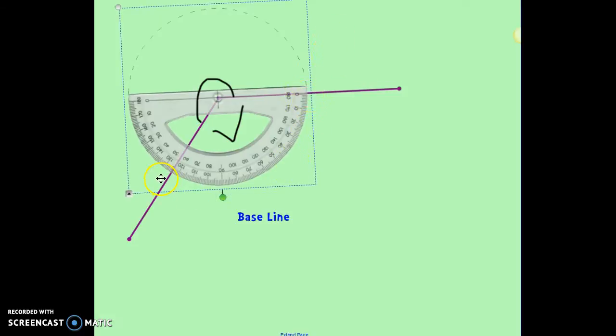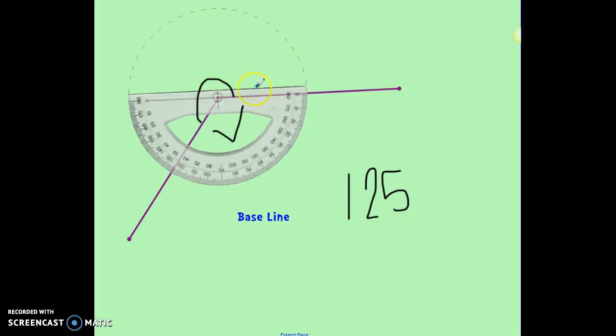Now I'm going to measure this way, and if I start counting 0, 10, 20, all the way up, I see it's about 125 degrees. So I know this side of it is 125 degrees. But I want you to find out this side of the angle.